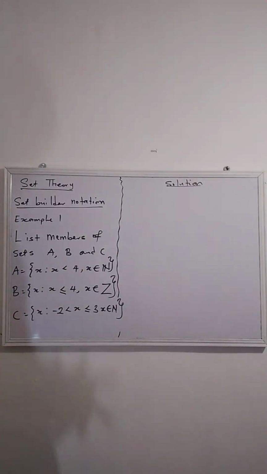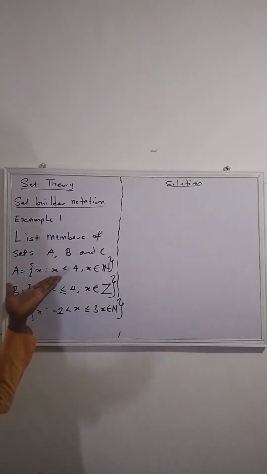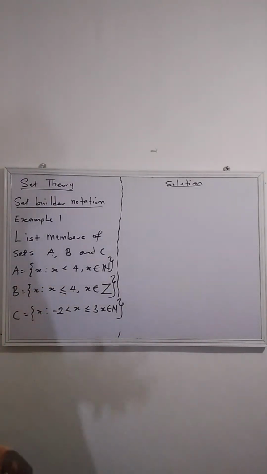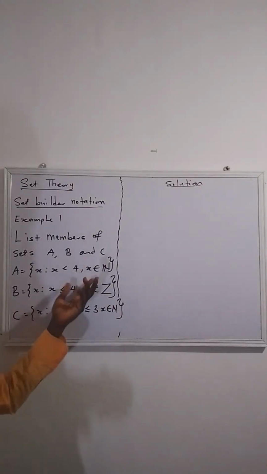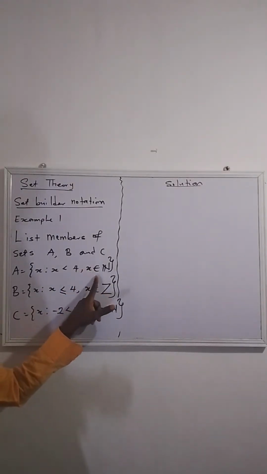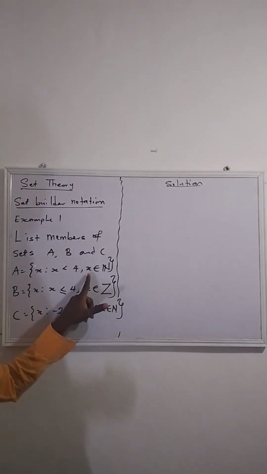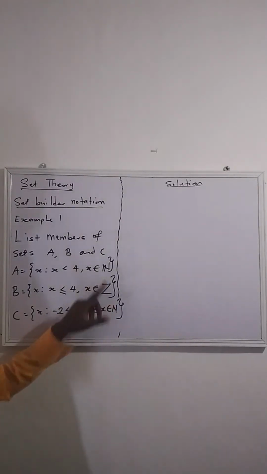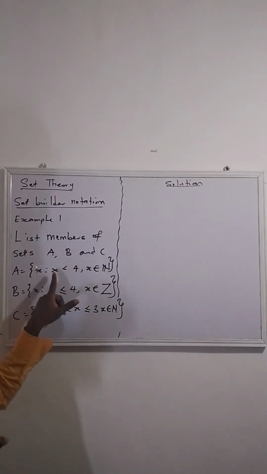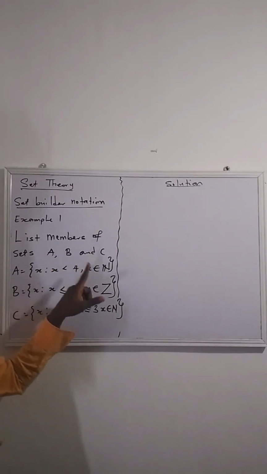And honestly, if you think of it, you will see that we have uncountable and different forms of numbers that are less than 4. We have decimal numbers, we have negative numbers, we have positive numbers, we have fractions that are also less than 4. But this condition here is making a specific definition, that the values of x are natural numbers.